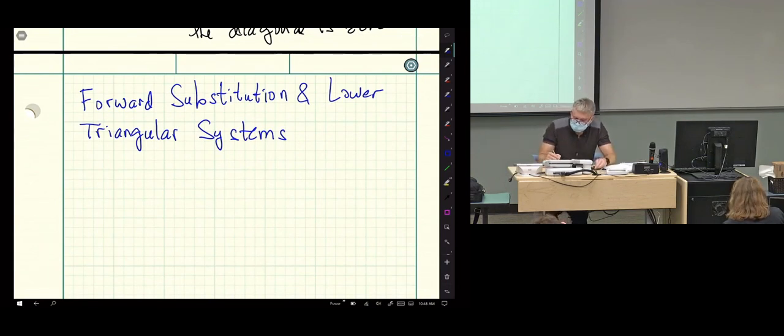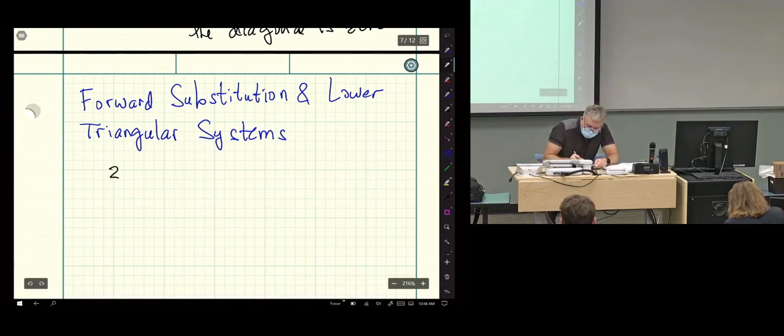And I leave off of equations because we're not doing lower triangular systems of cattle or anything else. Equations. Okay. So let me write down a triangular system.